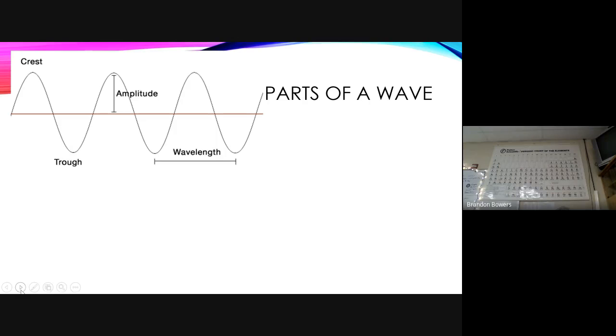And then from a trough to a trough, a crest to a crest, those are our wavelengths. That's our wavelength. Okay, that's what we got. Crest, trough, amplitude, wavelength.